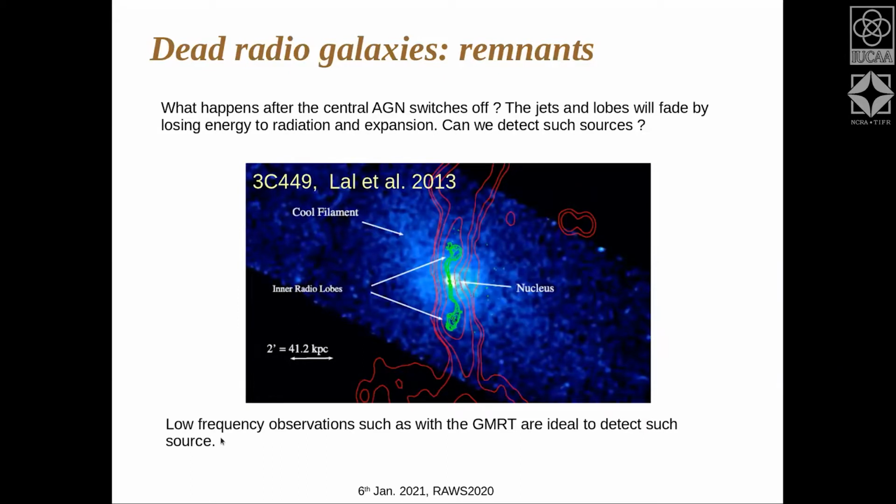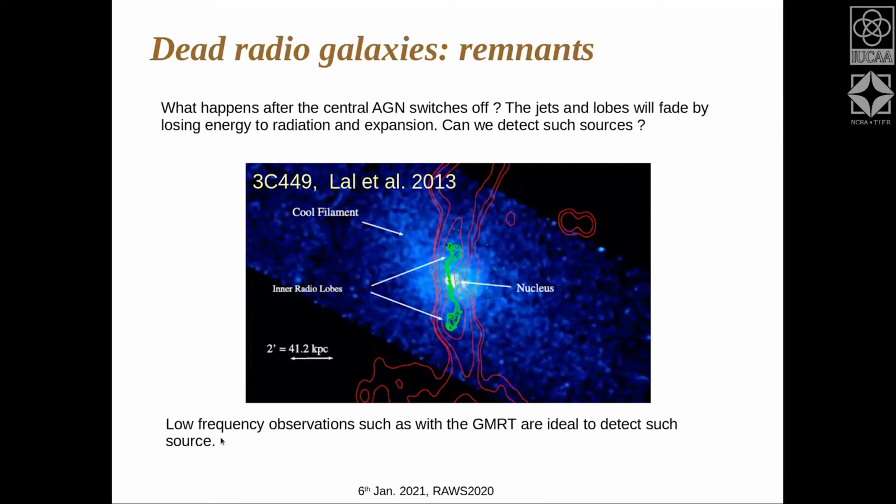Yes, definitely. The thing is that the shocks in the intracluster medium are very weak, so they affect the lobes, the part of the radio galaxies which are much thinner as they go away from the galaxy.